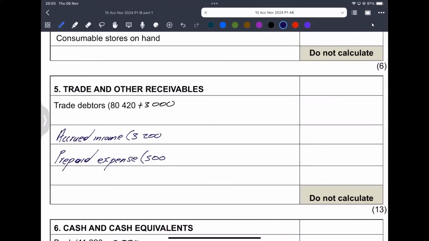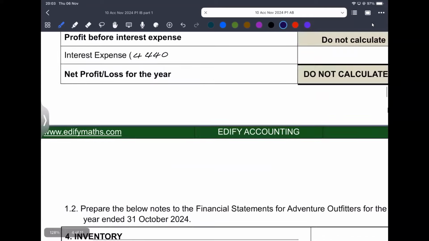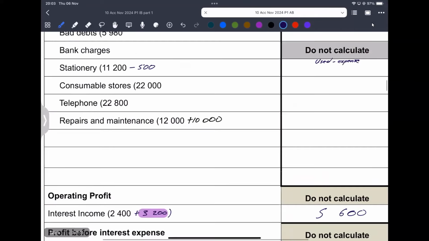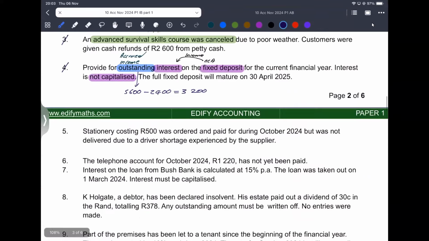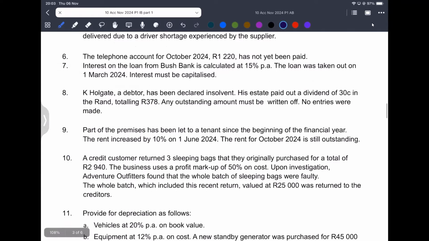And that's what we have done here. I added that 500 to prepaid expense, but I subtracted it from the actual expense. The actual expense was the stationery amounting to 11,200. That is done.